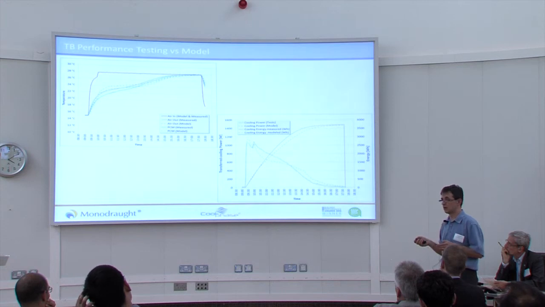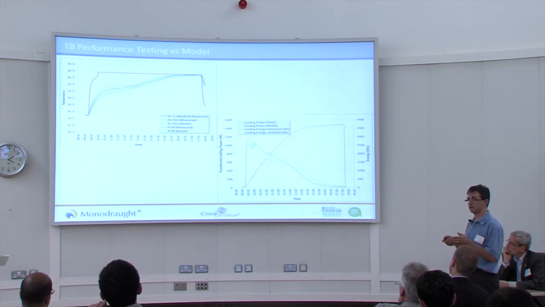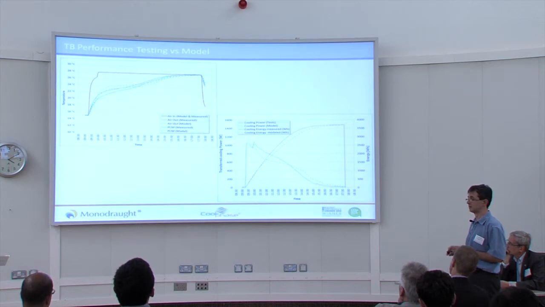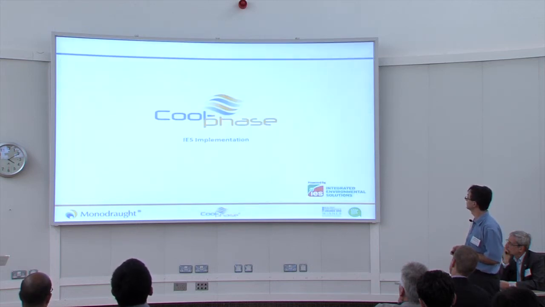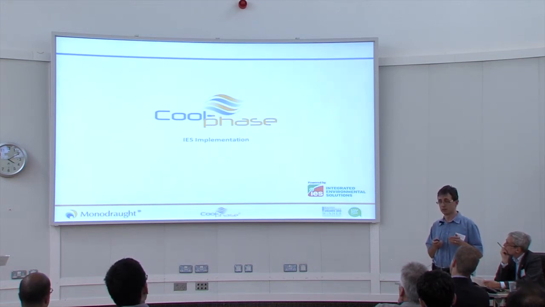This graph shows how the modeling compares with the measurement. I can say that though it's a simple model, we could get a really good agreement between the test results and the modeling. And now we know how our system is behaving.